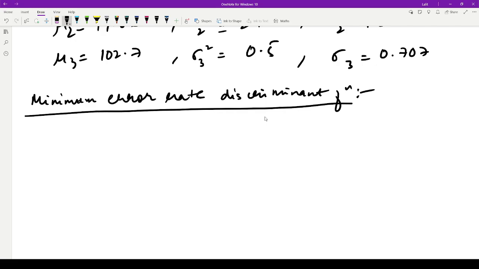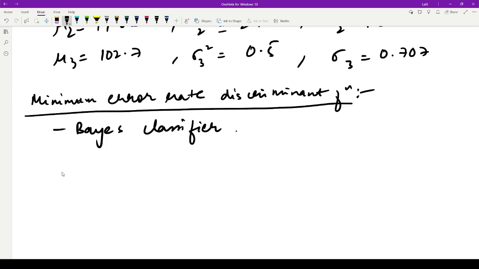It is the Bayes classifier. Yes, it reduces the error rate and it is optimal. The Bayes classifier is optimal in the sense that it reduces the error rate, or rather gives you the minimum error rate classifier.